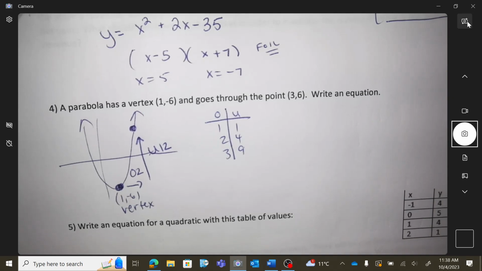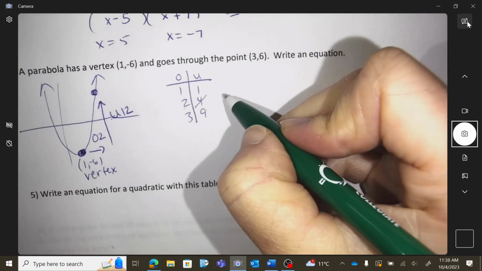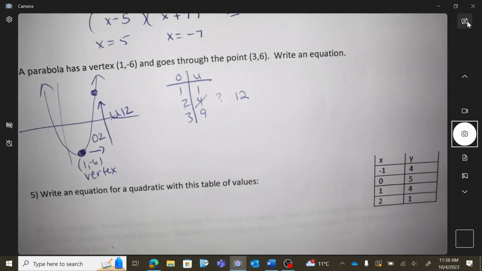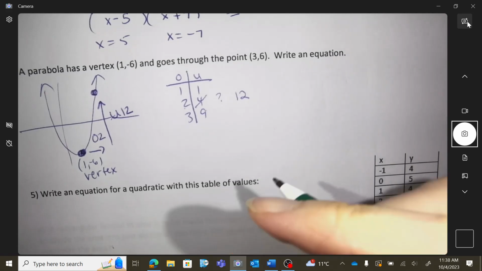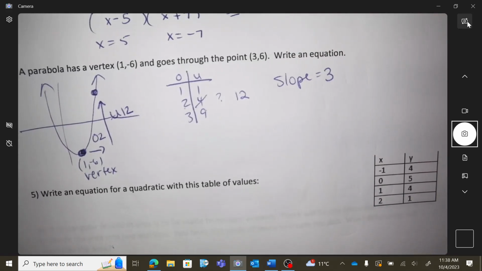Looks like I went over by 2 and I went up by 12. So here's the thing, I'm going to go over 2. Instead of 4, I did 12. So therefore, my slope would have been 3, right? 4 times 3.